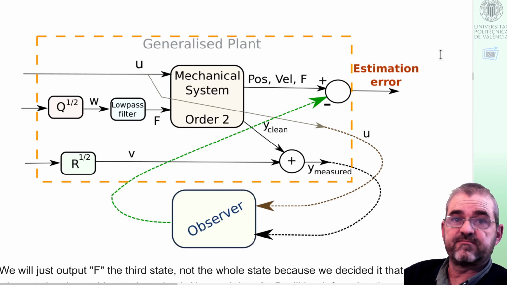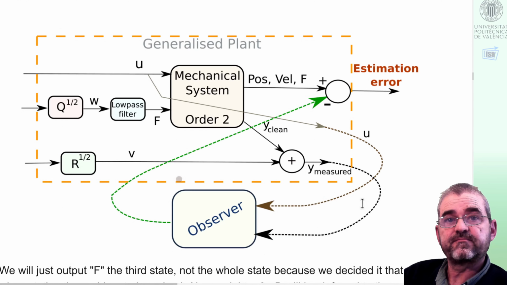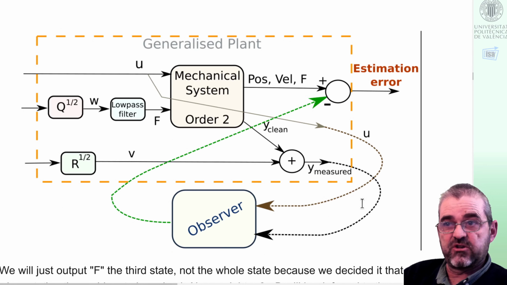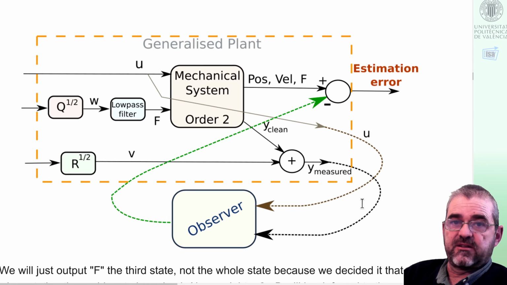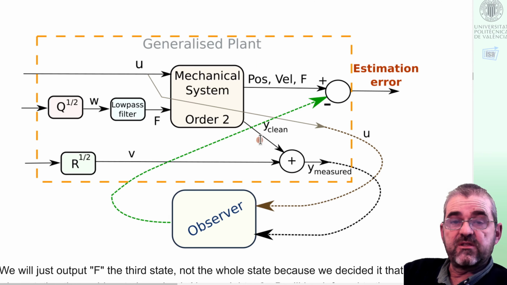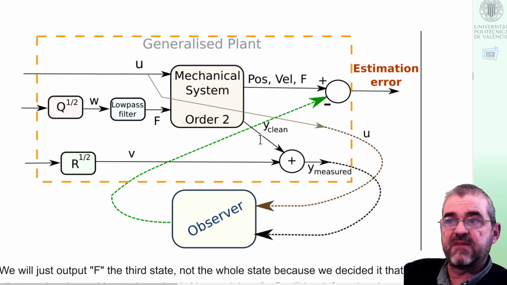So let us discuss the meaning of this block diagram, which poses our problem of state estimation, and will later on add on further weights. What does this block diagram mean?